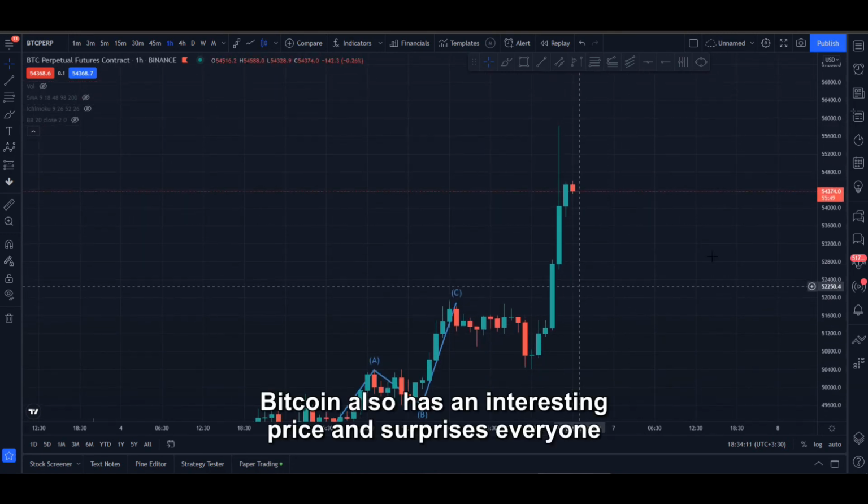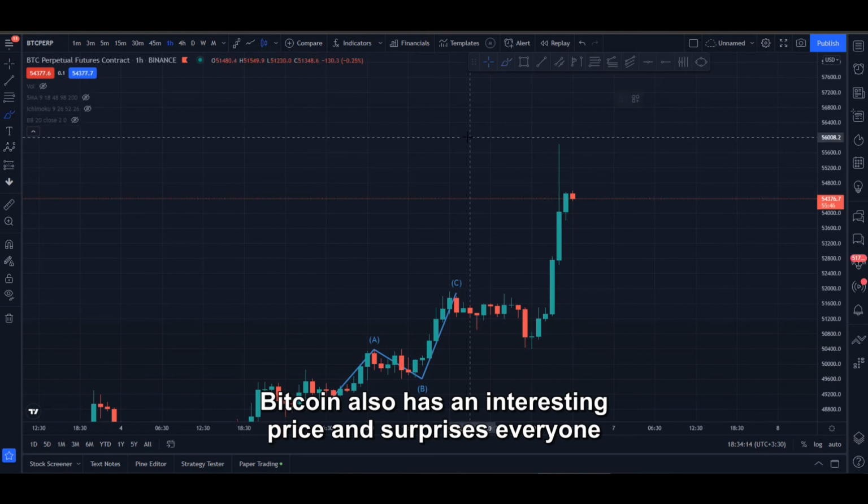Bitcoin also has an interesting price and surprises everyone.